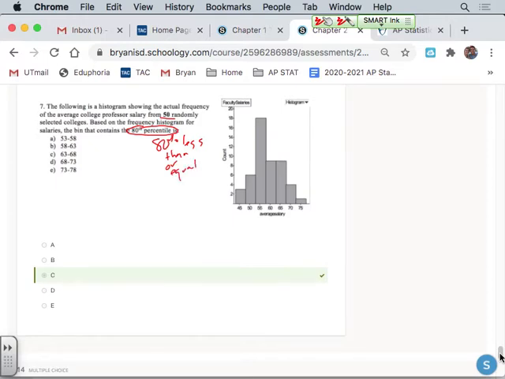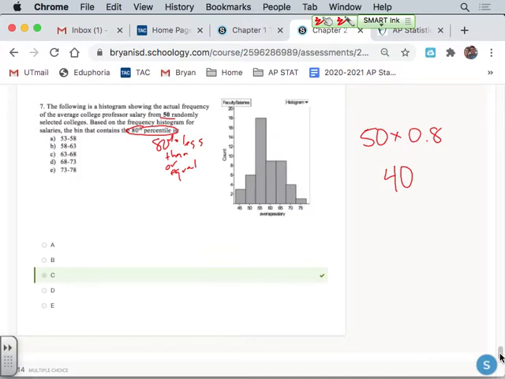If I had 50 people and I'm looking at the 80% person, there's many different ways to do this. This is the way I did it. I did 50 times 80%, and I'm looking for the person who's ranked number 40.